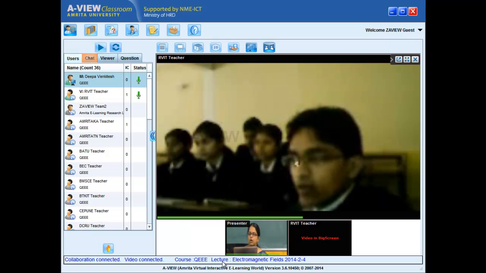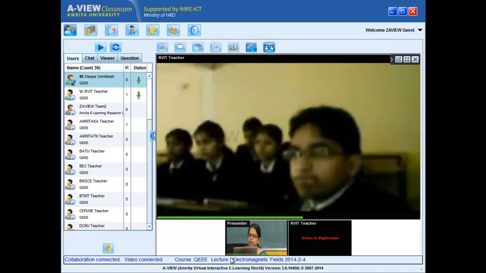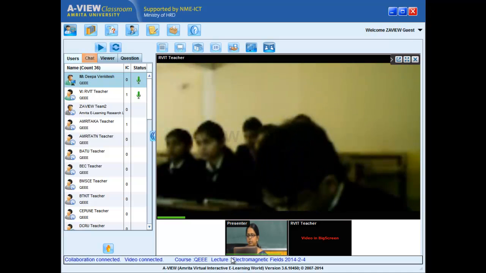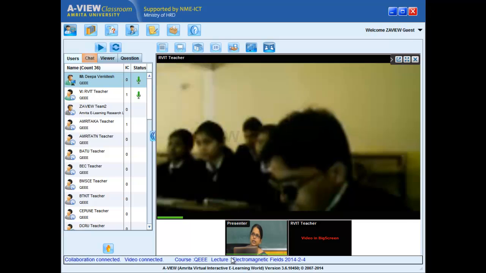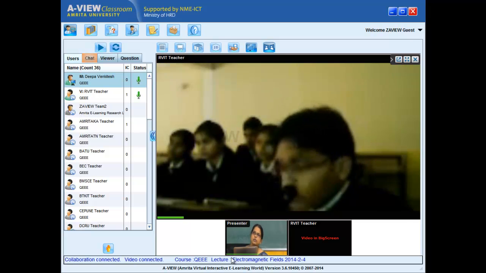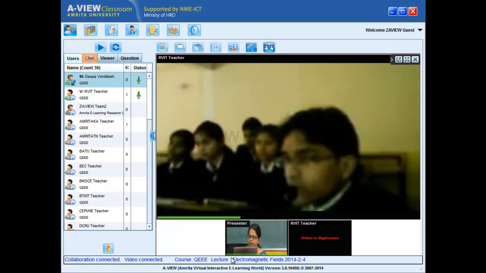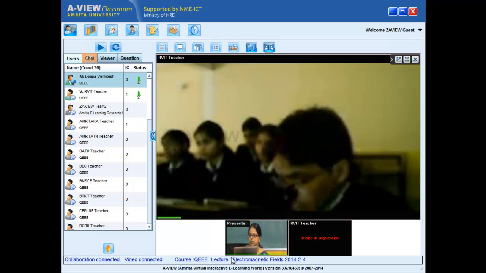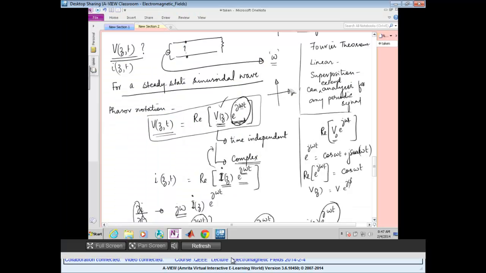Now you could also think about why would you need this imaginary part? As a notation you would use this as e power j omega t to complete the phasor, because as you would have learned in your complex number class, it would have a real part and an imaginary part, right?